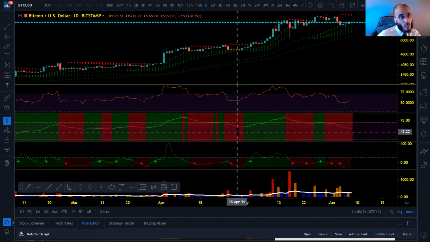Now, let's look at 1 day. First indicator is positive. Second indicator is negative. Third indicator is negative. And the day has just started, so I can't give it much weight, but for now it's negative.